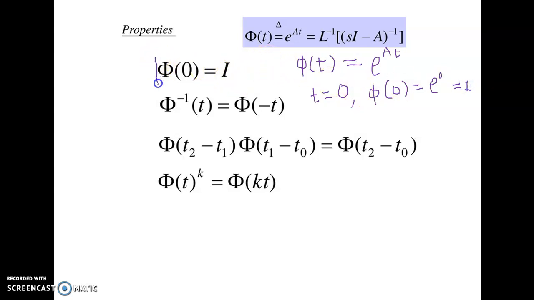This is how we have proved the first property of the state transition matrix, that is phi of 0 is equal to I. The proofs of the remaining properties we will see in the next video. Thank you.